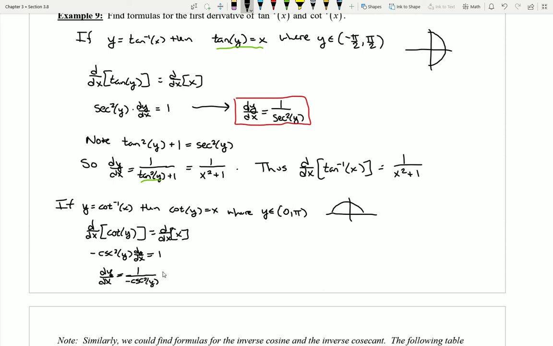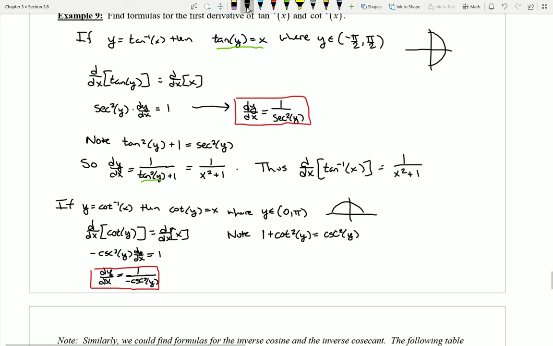Now again, I can see that this here is a nice formula so far, but if I want to get it in terms of x, I can again note the identity. And this identity that I'm going to use this time is 1 plus the cotangent squared of y is equal to the cosecant squared of y.